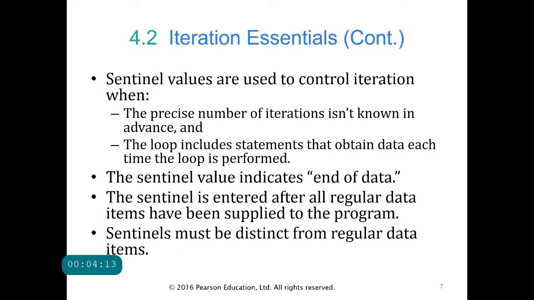Now, sentinel values are values which we discussed a couple of lectures back. And these are generally used when we do not know exactly how many repeats or how many cycles we will have to do. Now, this would be in cases where our program terminates based on a certain input that a user gives us, or it could also be a value that comes up during the program.